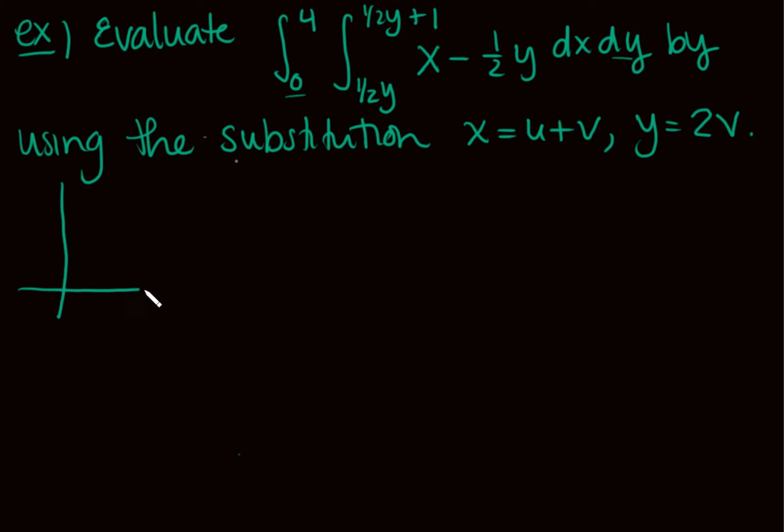So I'm going to graph this. I know that y is going to be bounded from 0 to 4. Let's see where x is bounded from. If I plug in y equals 0 into 1/2 y, I get 0.